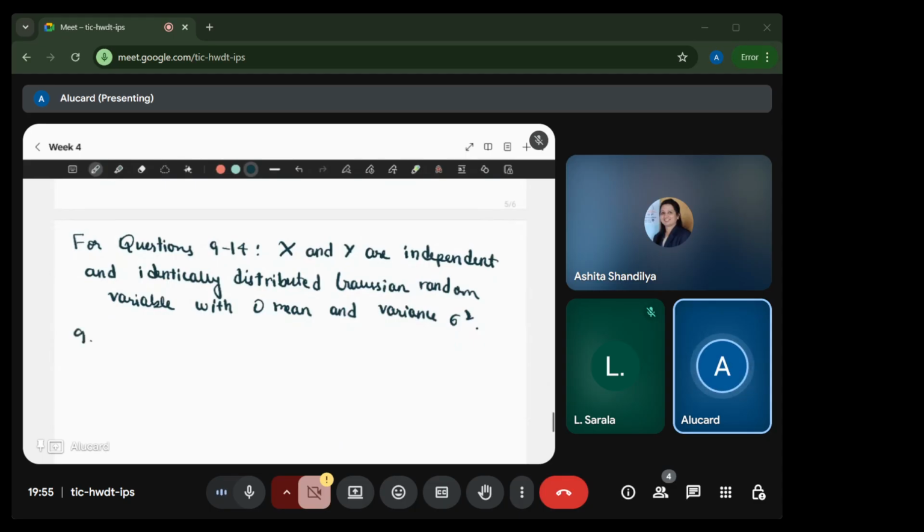Question 9 says find the joint PDF of x and y.